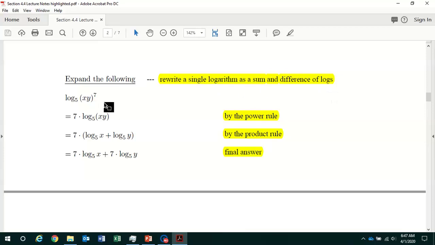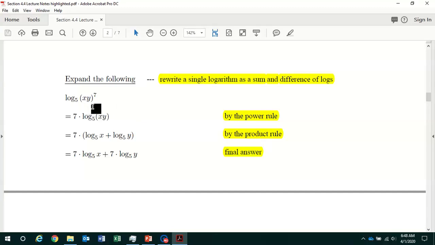So we're going to go from one logarithm to two or more logarithms, right? A sum and difference of two or more logarithms. And we're going to apply the laws of logarithms, the product rule, quotient rule, and power rule, in expanding these logarithmic expressions. So we begin with log base 5 of xy to the 7th power.